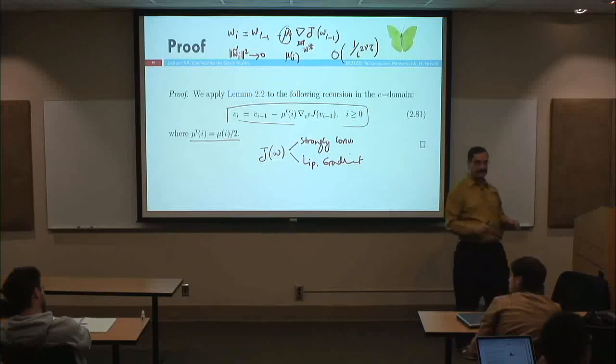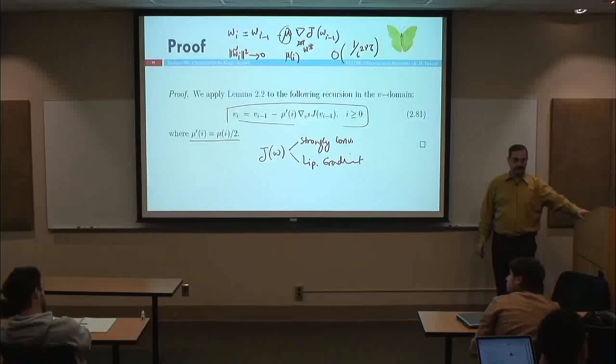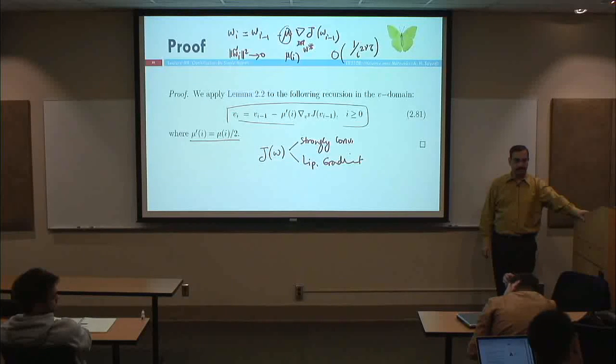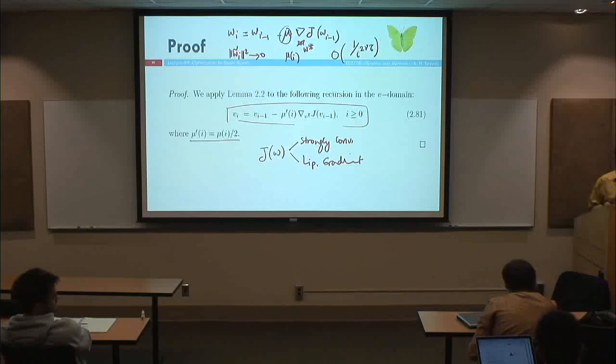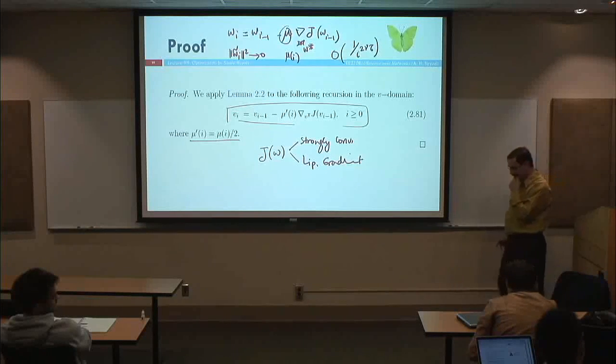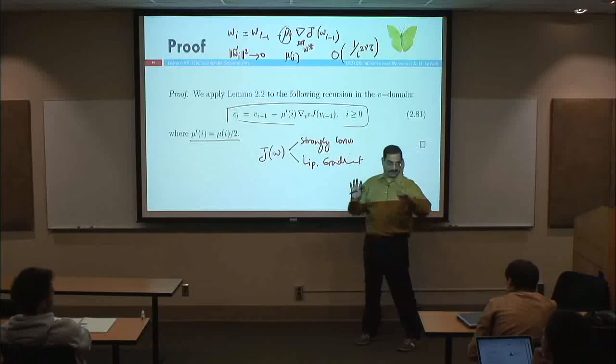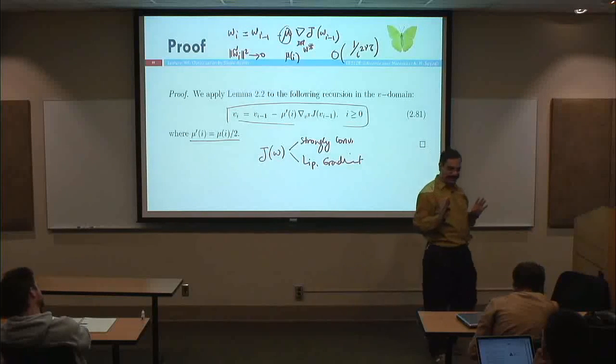Yes? We didn't say why mu, let's say, decays exponentially. If the sum of mu doesn't really go to infinity. Okay. For that case, it won't converge, right? But we didn't say why. No, okay. I didn't say that. I don't remember making that statement.